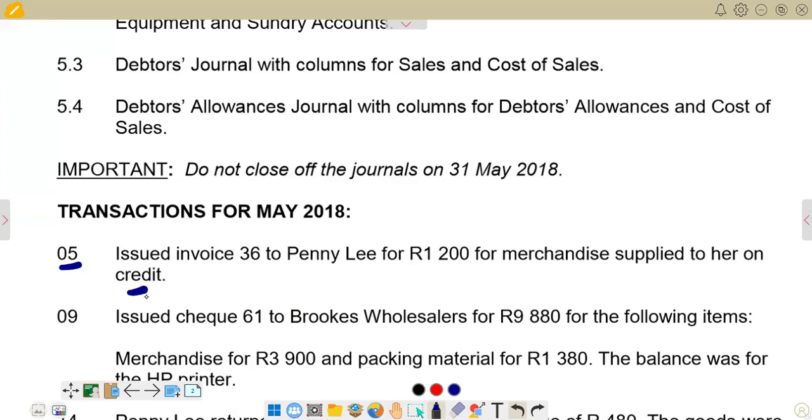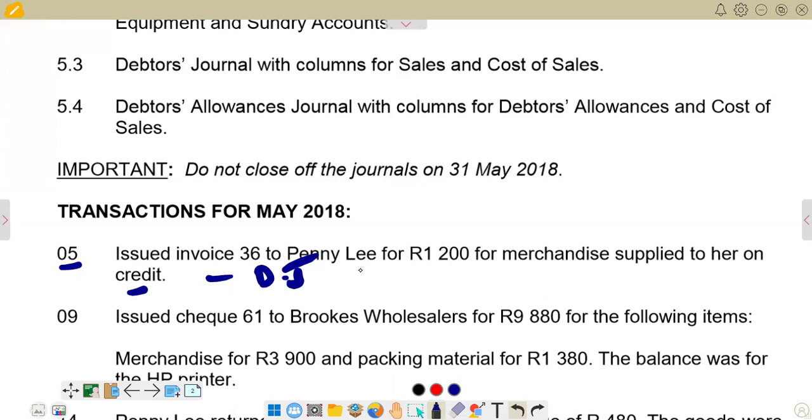If it was on credit, it means there was no cash movement. So we are not going to enter it in the cash receipts journal, since we do not have money movement. Whenever we issue an invoice on credit, it means we are going to enter it in the debtors journal. So we are just going to transfer this transaction to the debtors journal.